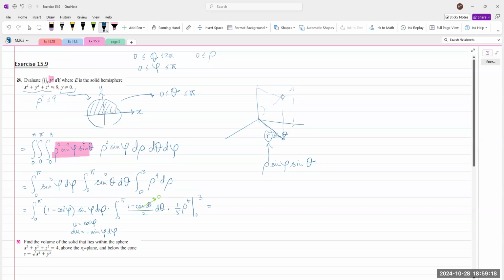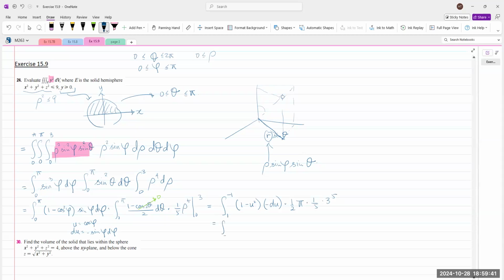Okay, so this will be the integral from 1 to negative 1 of 1 minus u squared, negative du, times 1/2 times pi times 1/5 times 3 to the 5th.